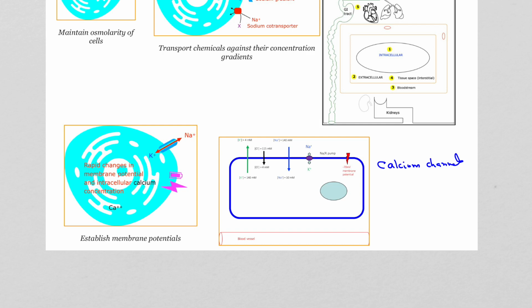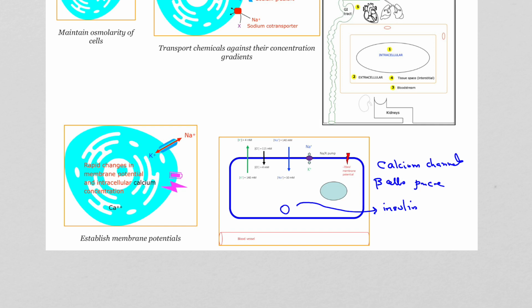So, for example, in beta cells of the pancreas, which secrete insulin, calcium channels open based on the membrane potential, and that helps the cells secrete insulin, which we shall see in another video.